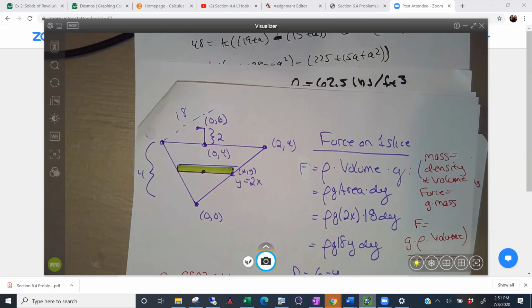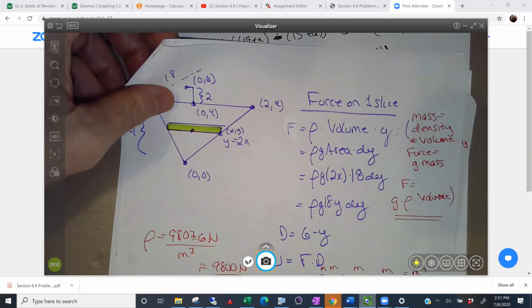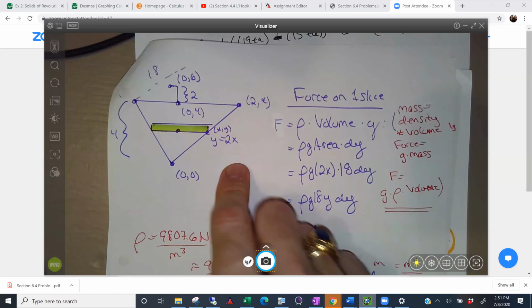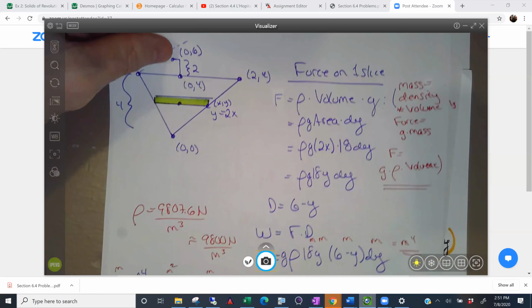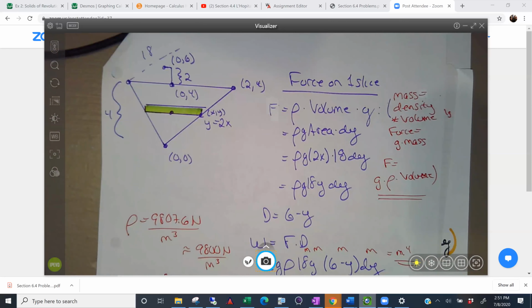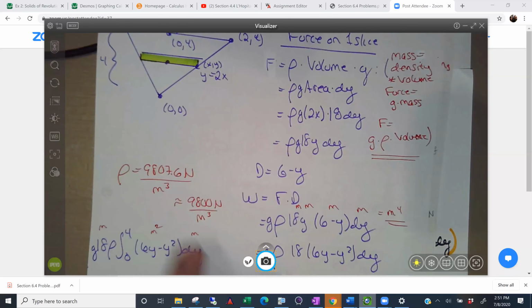So, yeah, but I'll put this one in the notes. Oh, another good thing about this one is that it works in metric units. So the examples we've done so far have been in English units. Just a heads up on that.